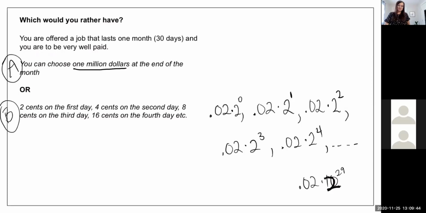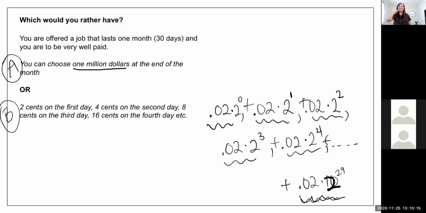So even just the last day, I mean, obviously you're going to add all these up. But even if you look at that last day, it's going to be more than $1 million only on that last day when you get to that 29th or that 30th day. Yeah. So it's interesting to consider that the power of an exponent is just so great.